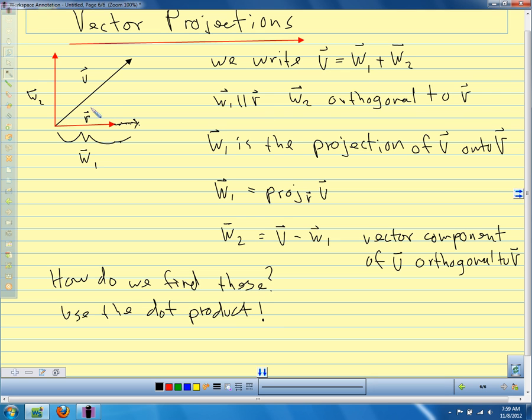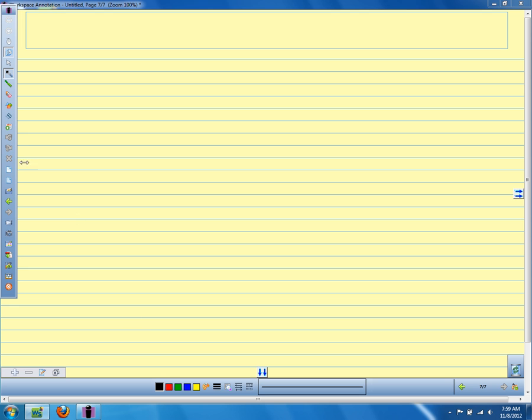So I'm going to redraw this, and we're just going to look at this component W1. So we're going to use this diagram, but I'm just going to look at this component W1, and we'll figure out how we can determine this vector projection. So here's my vector. Here's U. Let me go back. I want that in black.